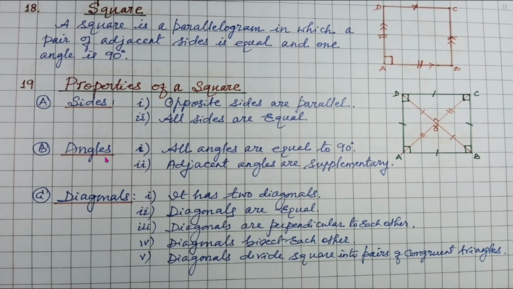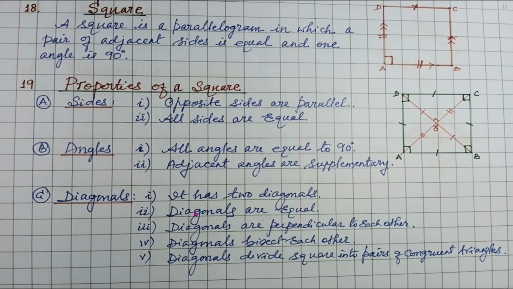Now coming to angles, all the angles are equal to 90 degrees, as is very clear here. Adjacent angles are supplementary. That is again the property of a parallelogram: angle A plus angle B is 180, B plus C is 180, C plus D is 180, D plus A is 180, and all the angles are equal to 90 degrees. It can very easily be proved.